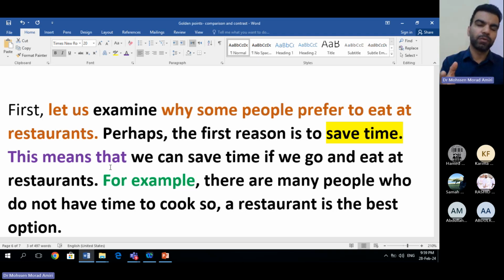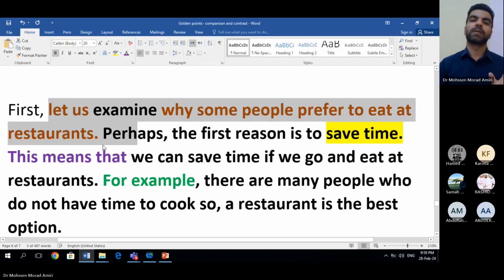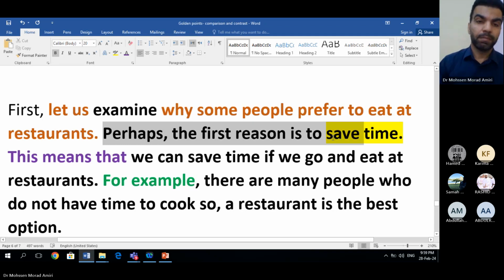At least you can practice. First, let us examine, find out, discuss why some people prefer to eat at restaurants. Then, perhaps, the first reason is to save time.